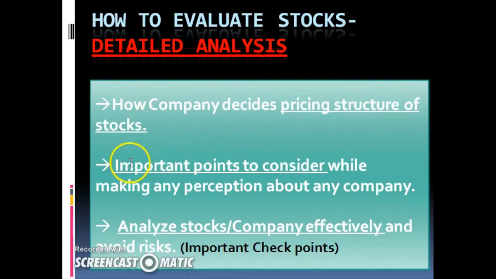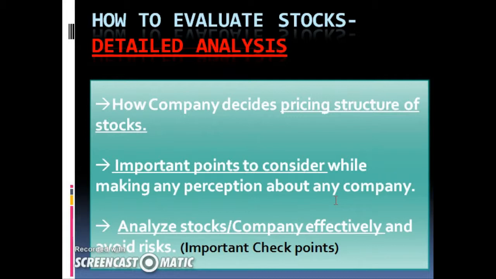Second thing is the important points to consider while forming a perception about any company, because sometimes the stock value leaves us in confusion, and we really need to know what to consider.